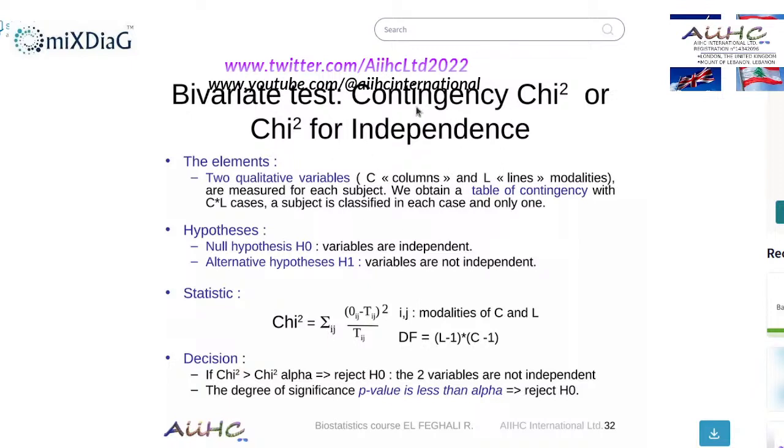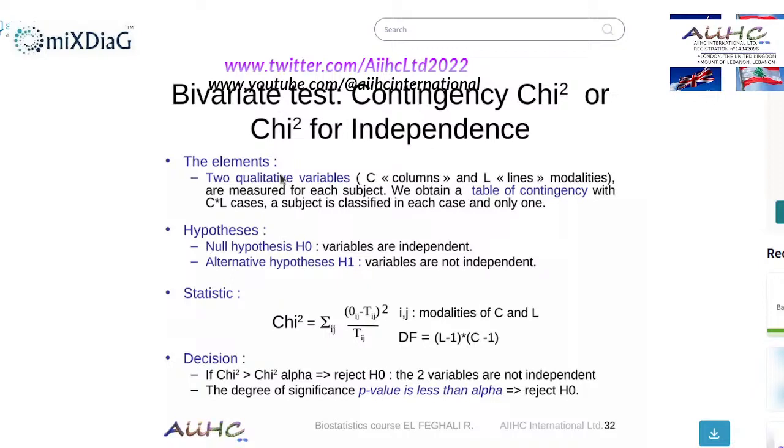The contingency chi-square is for independence of two variables, and it's made for qualitative variables. Whenever you have quantitative variables, like the age, for example, here we'll use that for qualitative variables, for example the kinds of violence: bullying, beating, sexual offenses, discrimination, hatred, abuse of power, terrorism of state.